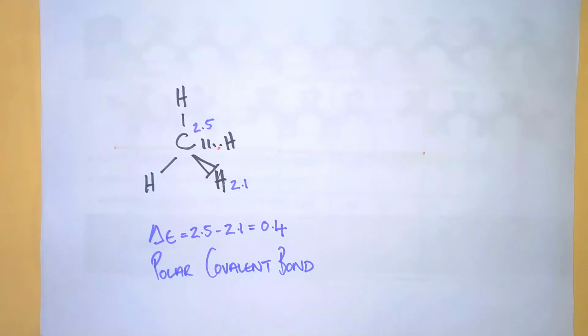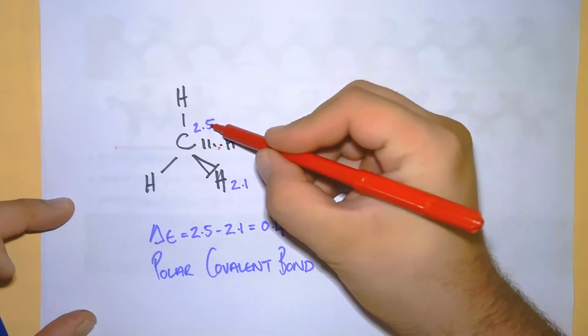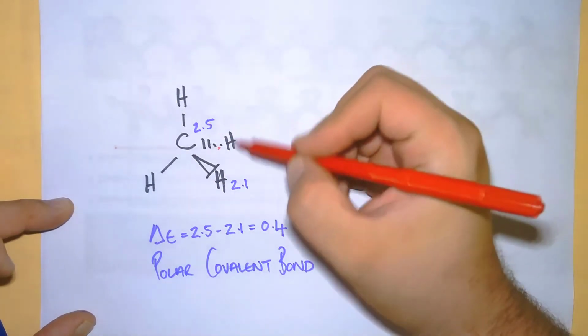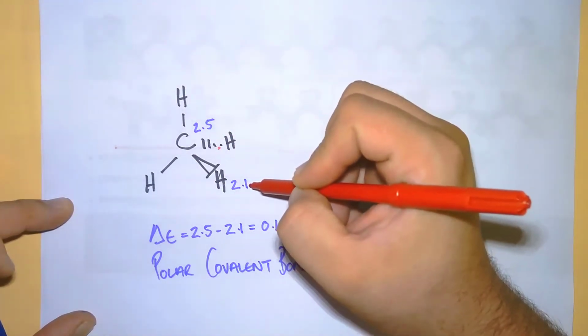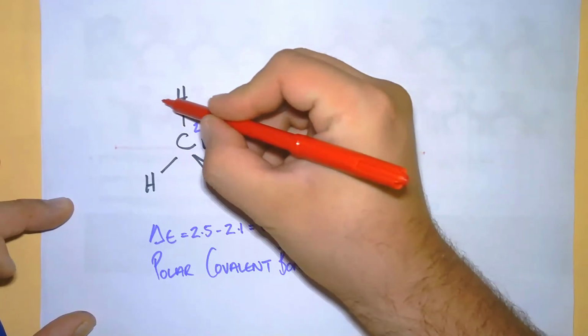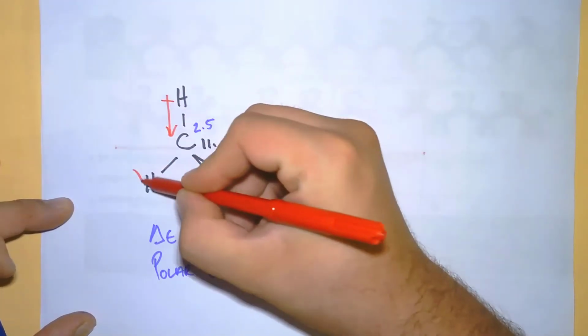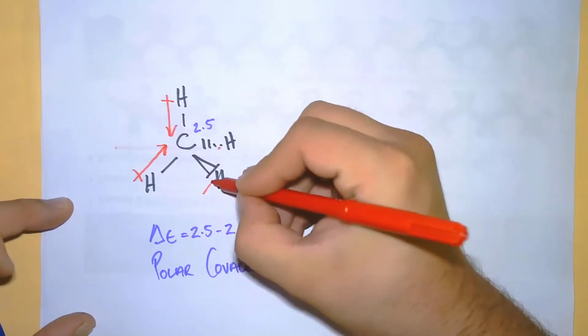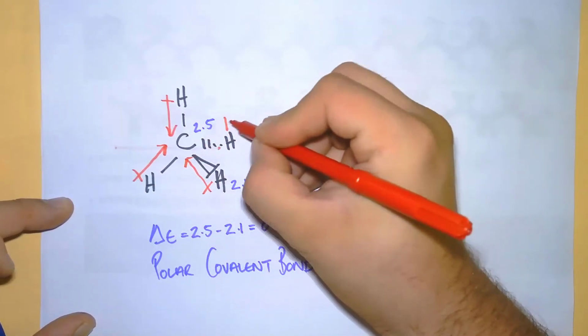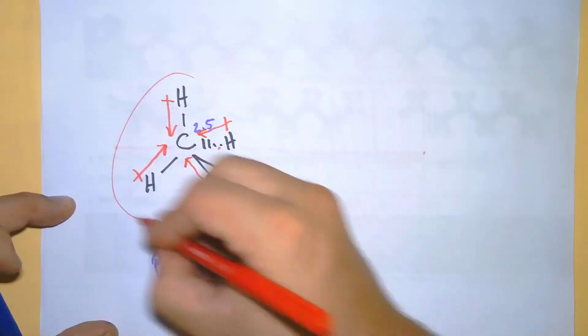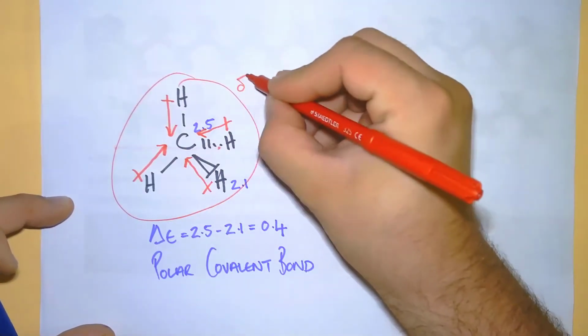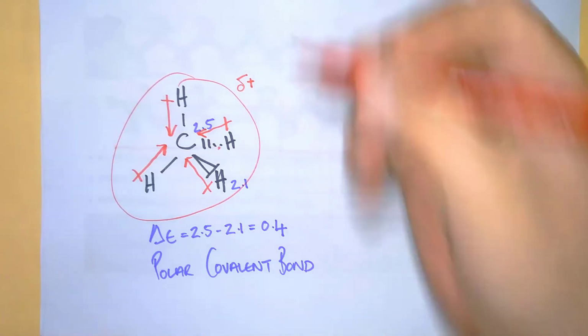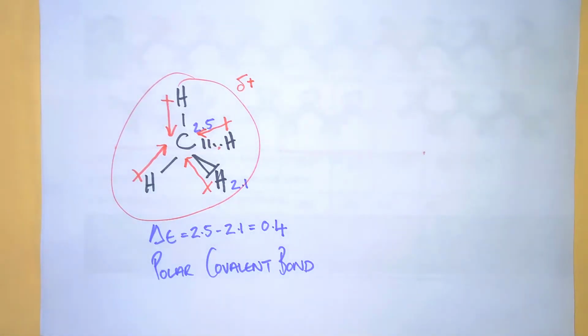What's important then is that the carbon atom is stronger than the hydrogen atom, meaning that the shared electrons in each one of these bonds will spend more time around the carbon atom, making the entire outside of this molecule slightly positive and making the carbon atom on the inside slightly negative.